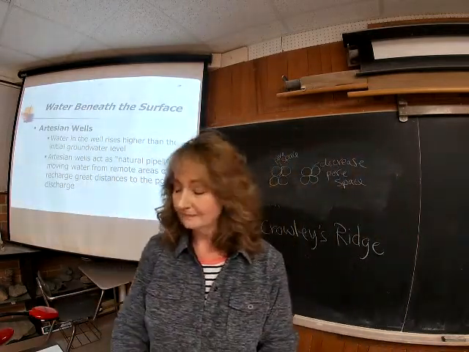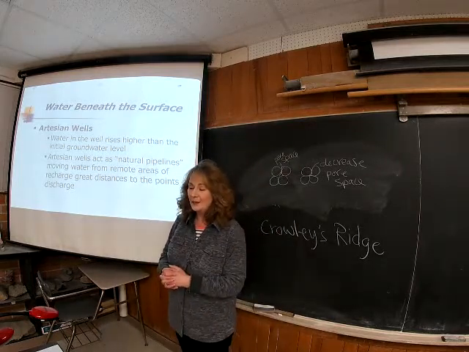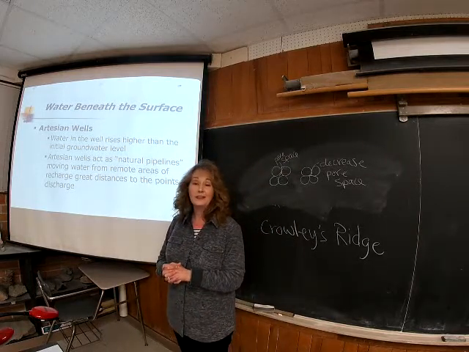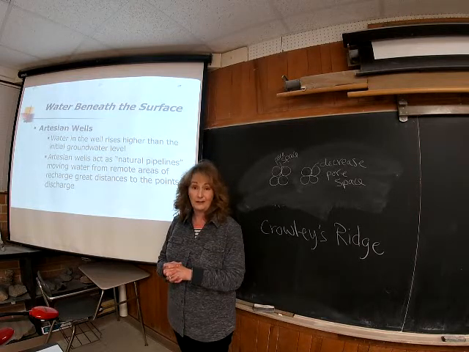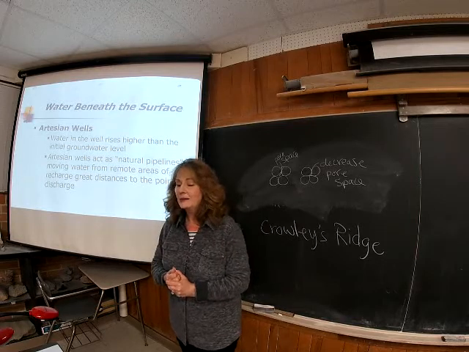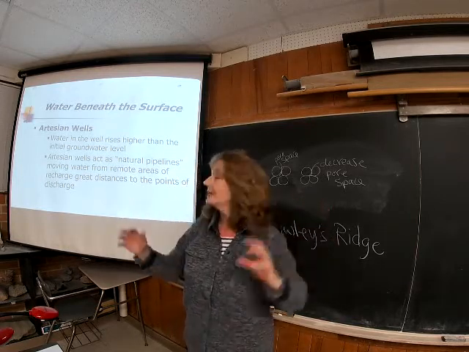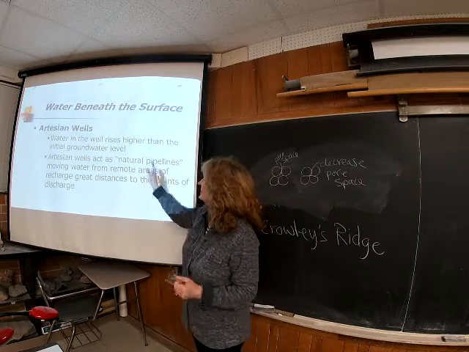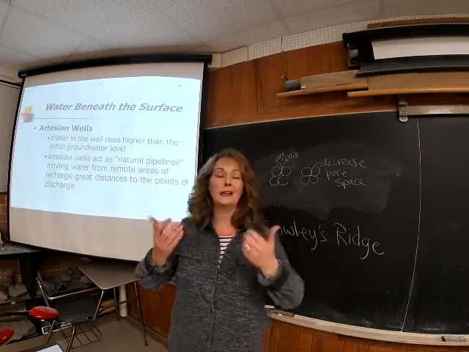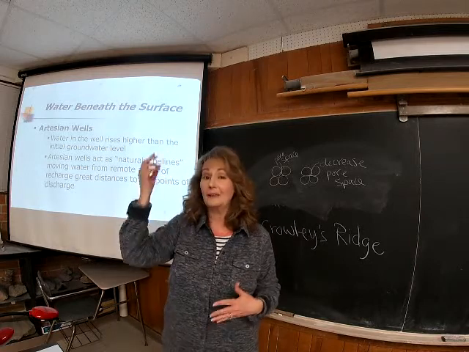Okay. An artesian well: the water in the well rises higher than the initial groundwater level, that water table. It's kind of like a pressure level. And so these are natural pipelines that bring the water straight up. You don't even have to pump it, right?